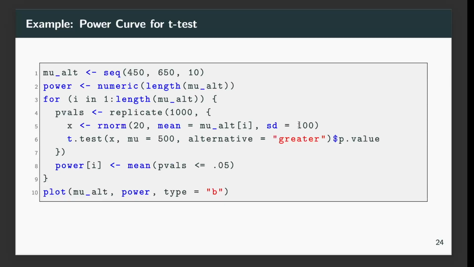Then we run the one-sided t-test with mu of 500 and extract the p-value. We compute the proportion of p-values which is less than 0.005, and store it in what we call power here.